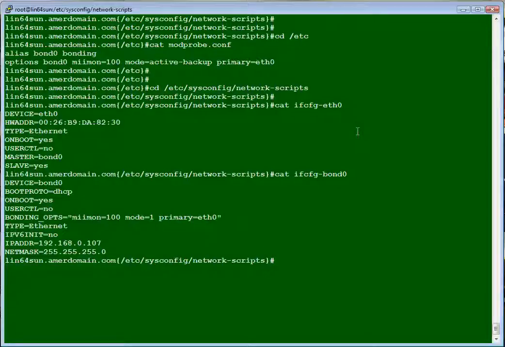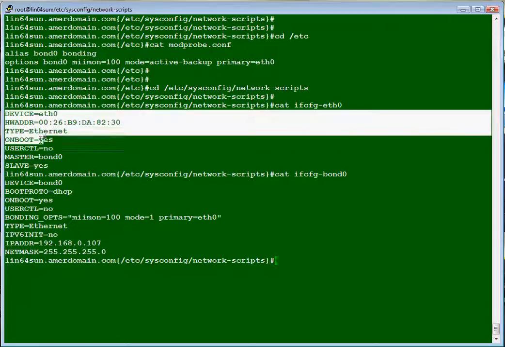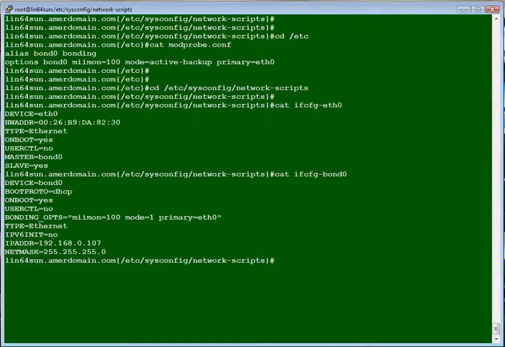If you want to add a third card, you can create ifcfg-ethernet2, and its contents will be exactly similar to this, except two entries. Instead of Ethernet 0, it will be Ethernet 2, the third card we are talking about, and the hardware address of that network card will be different from this one.